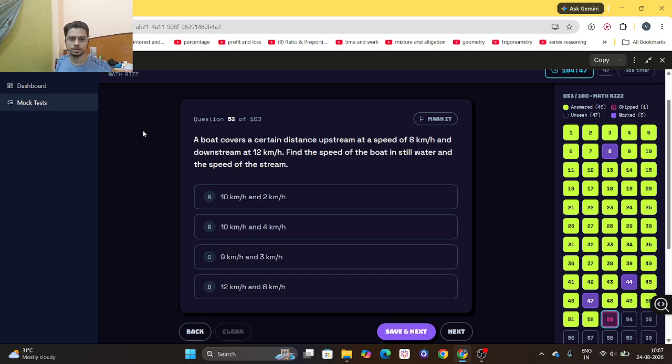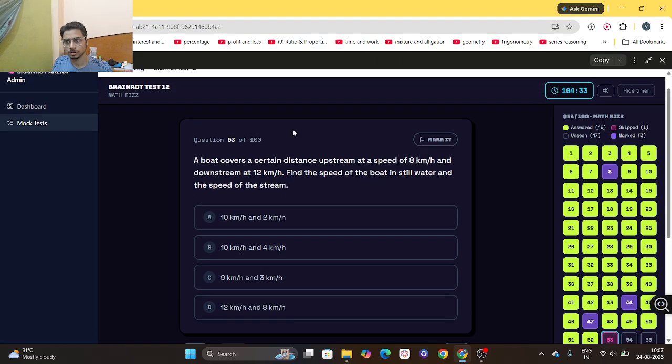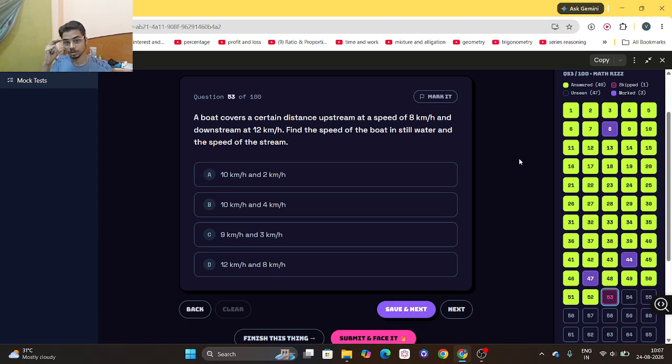A boat covers a certain distance upstream at a speed of 8 km per hour and downstream at 12 km per hour. Find the speed of the boat in still water and the speed of the stream. So let that distance be 24 km.